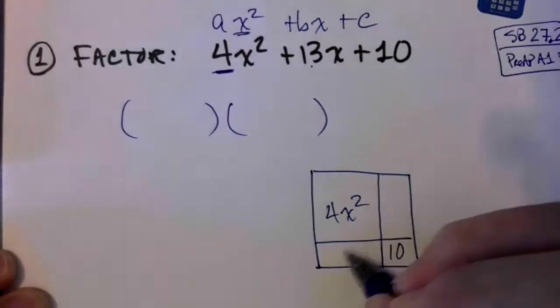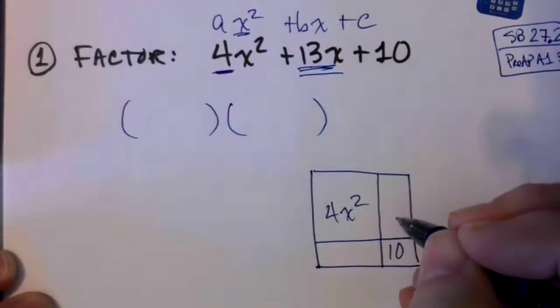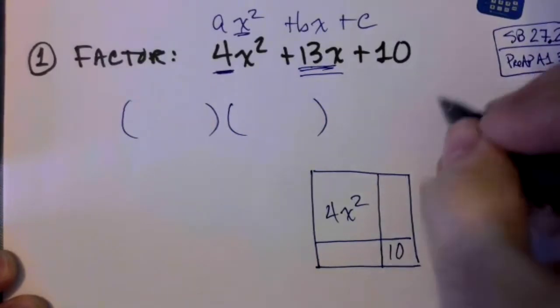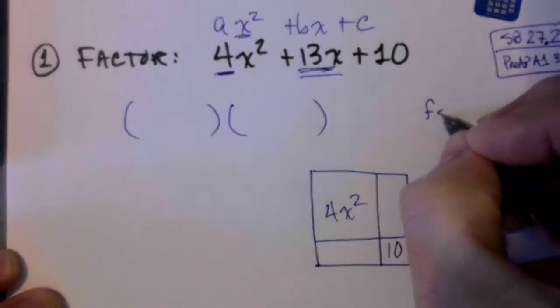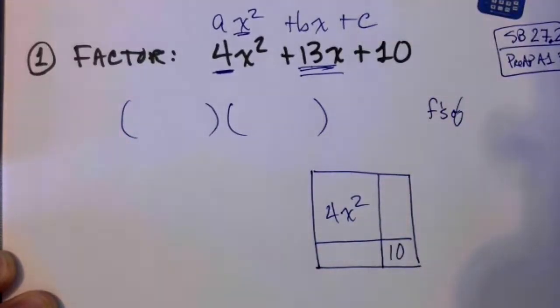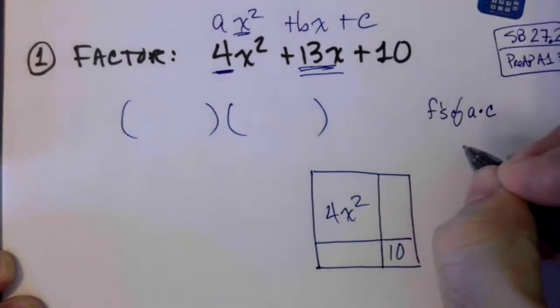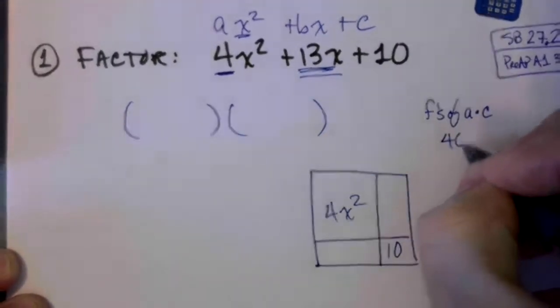Well, the problem is we don't know what to use to add up to the 13x. So what we're going to do is take that apart. Previously we've been using the factors of c, the constant, but we're going to have to extend that to the factors of a times c. So in this case, we're talking about the factors of 40.